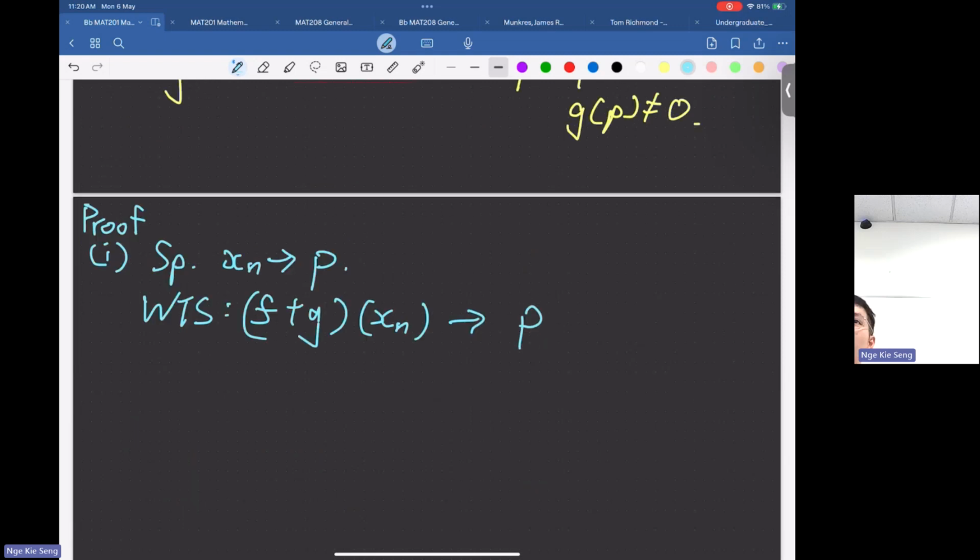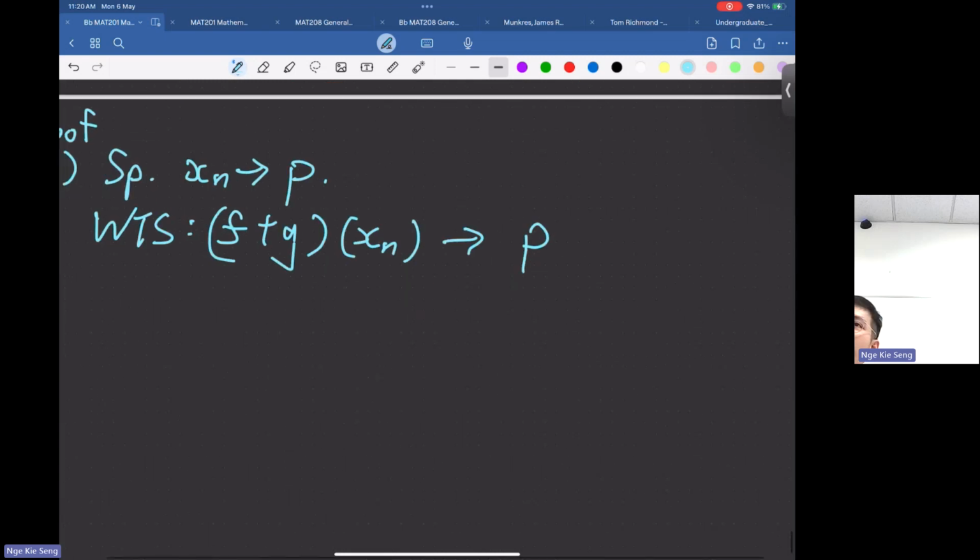But like what I said just now, how do we define f plus g on x_n? Remember that this x_n also lives in the domain of f and g.